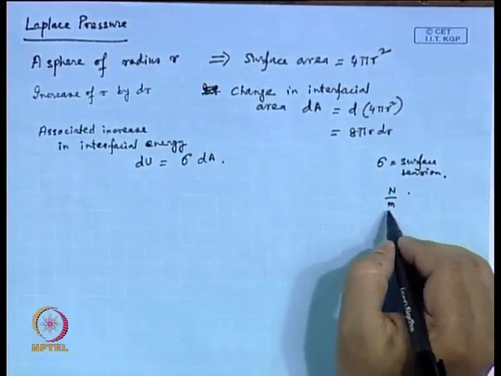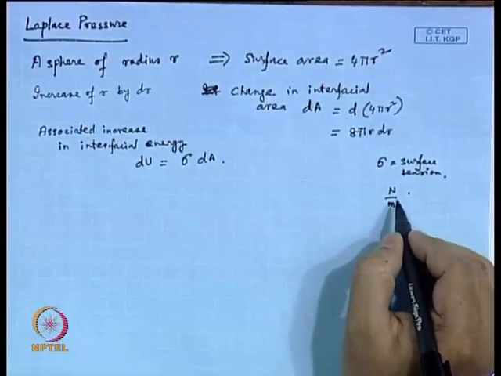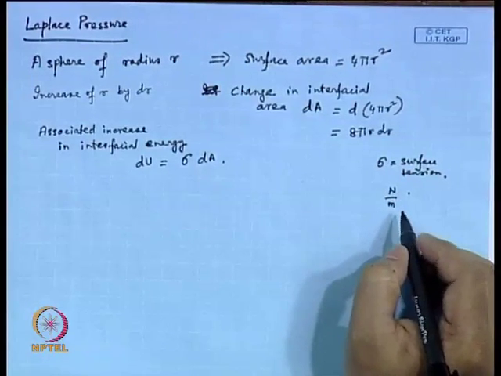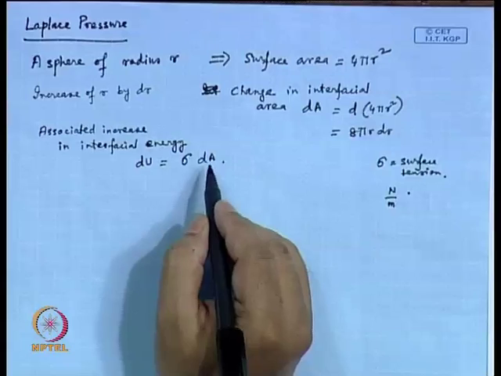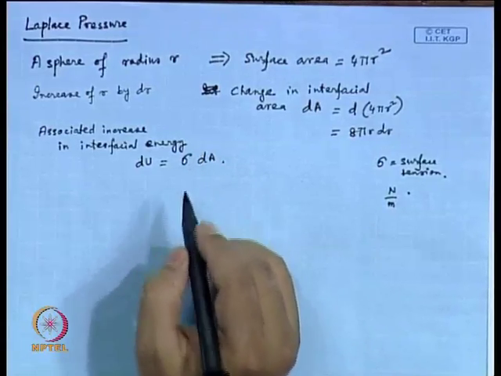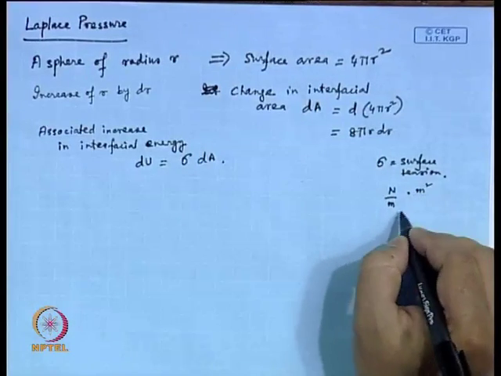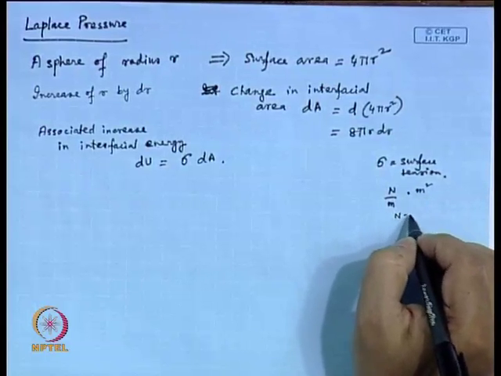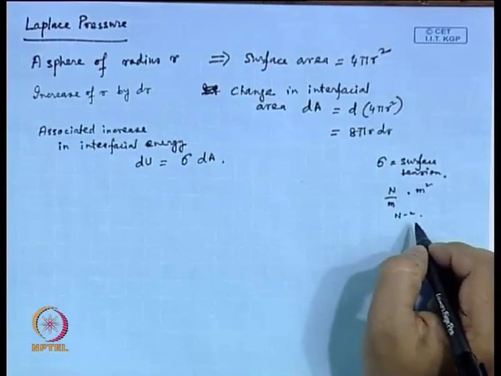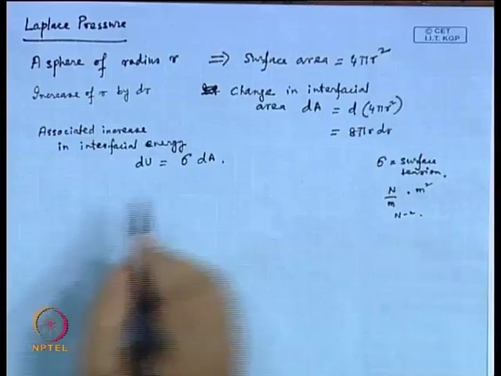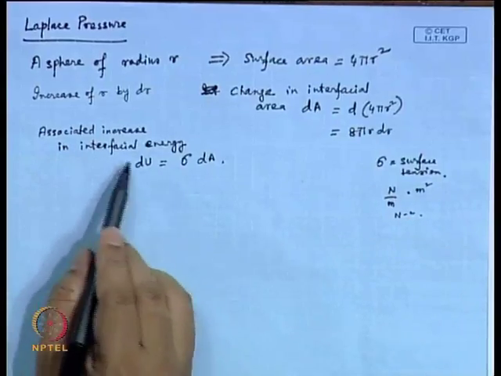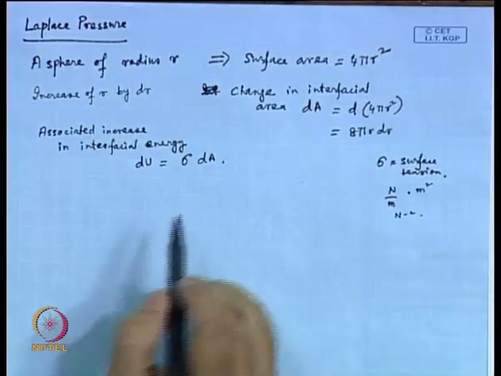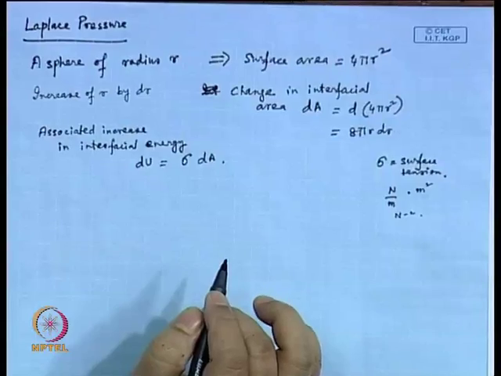That is the unit of surface tension, Newton per meter. Okay. So Newton per meter, you are multiplying it with dA, which is an area term, meter square. So essentially what you are getting is Newton meter. Newton meter is the force into displacement. So that is the energy. So the associated increase in interfacial energy can be given by du, which is equal to sigma dA.